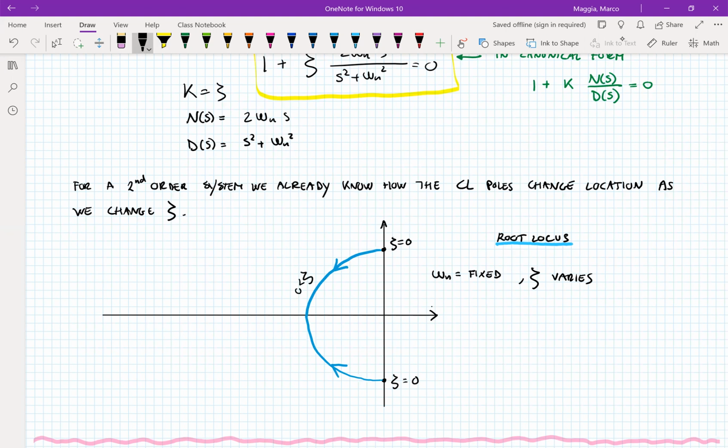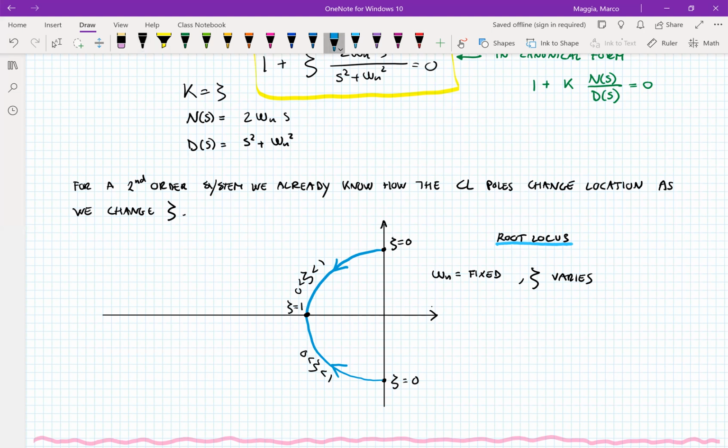So on the semicircle, we're going to have complex conjugate poles. Zeta is between 0 and 1. And then these two branches collide on the real axis. So we're going to have repeated roots. Zeta is equal to 1, and the system is critically damped.